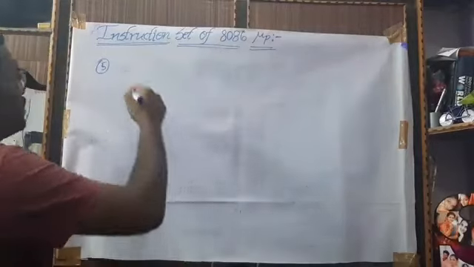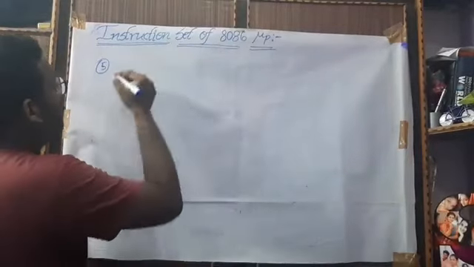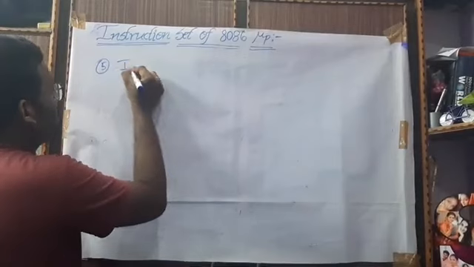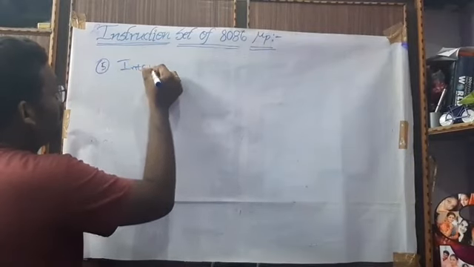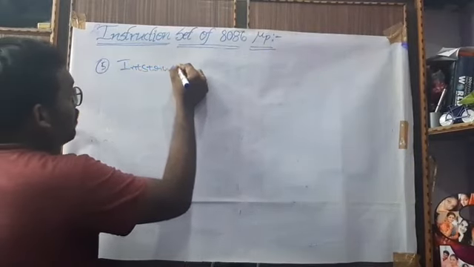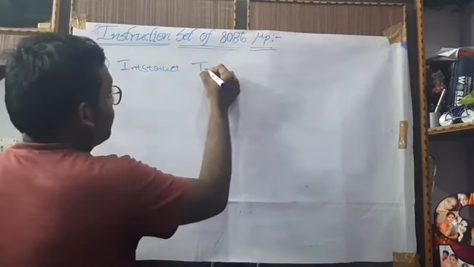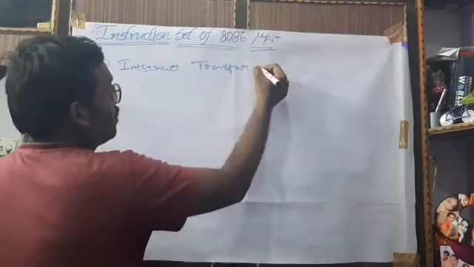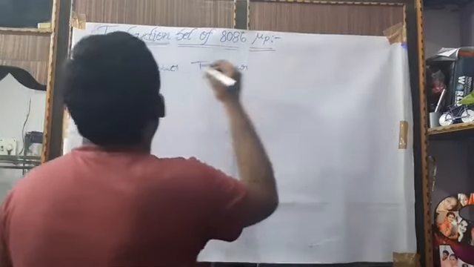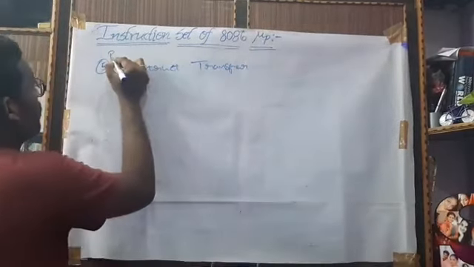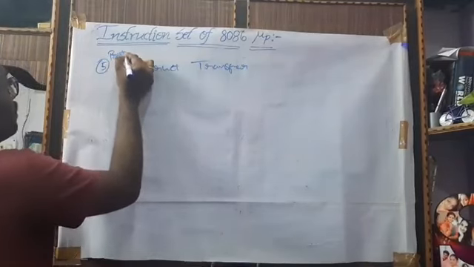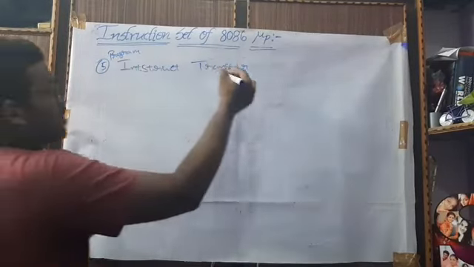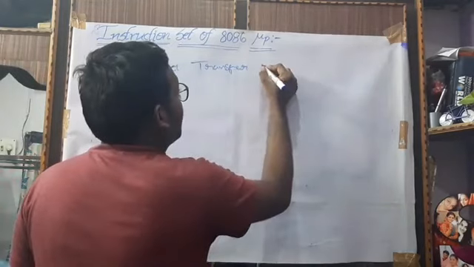So the fifth set of instructions are program transfer instructions.